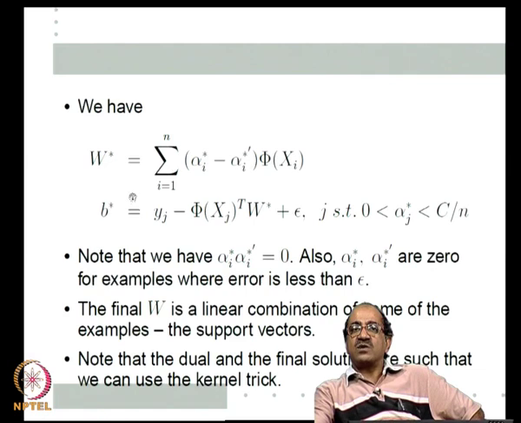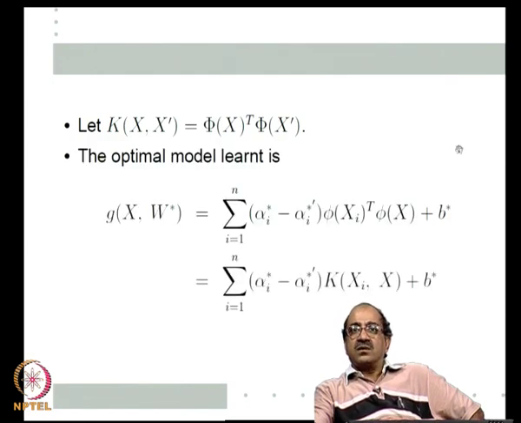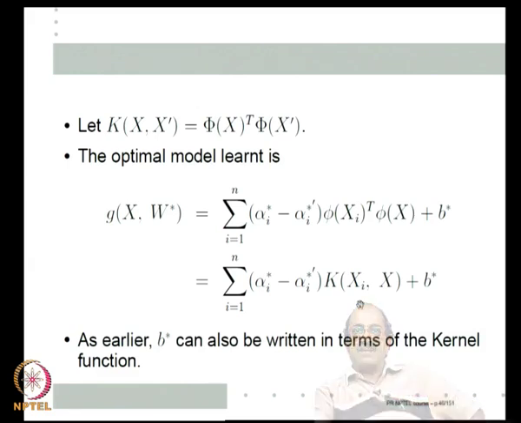So, this term also involves only phi xj transpose phi xi. So, once again this can be kernelized, and as earlier, B star can also be written in terms of the kernel function.